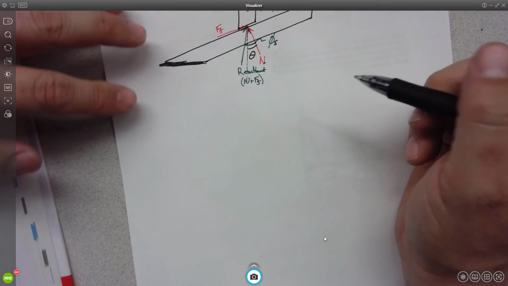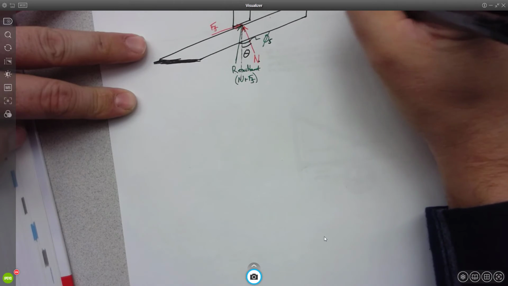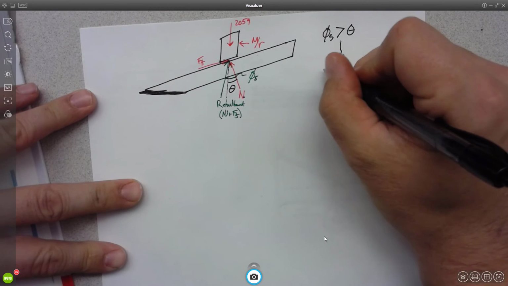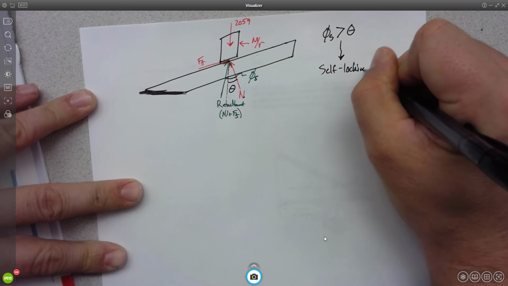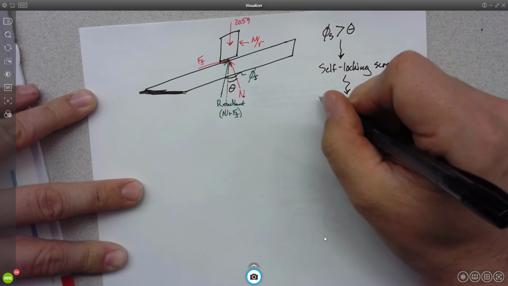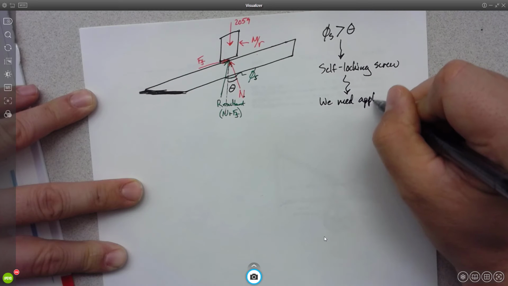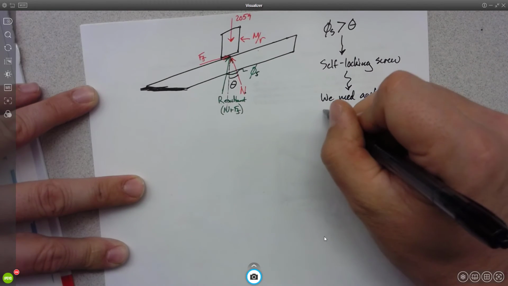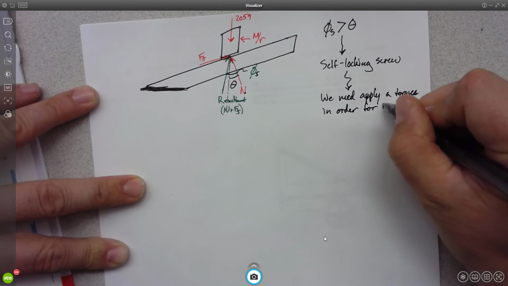That's a whole bunch of mumbo jumbo. What we've decided for this problem is that phi static is greater than theta. This tells us that this is a self-locking screw, which means we need to apply a torque in order for it to unscrew.